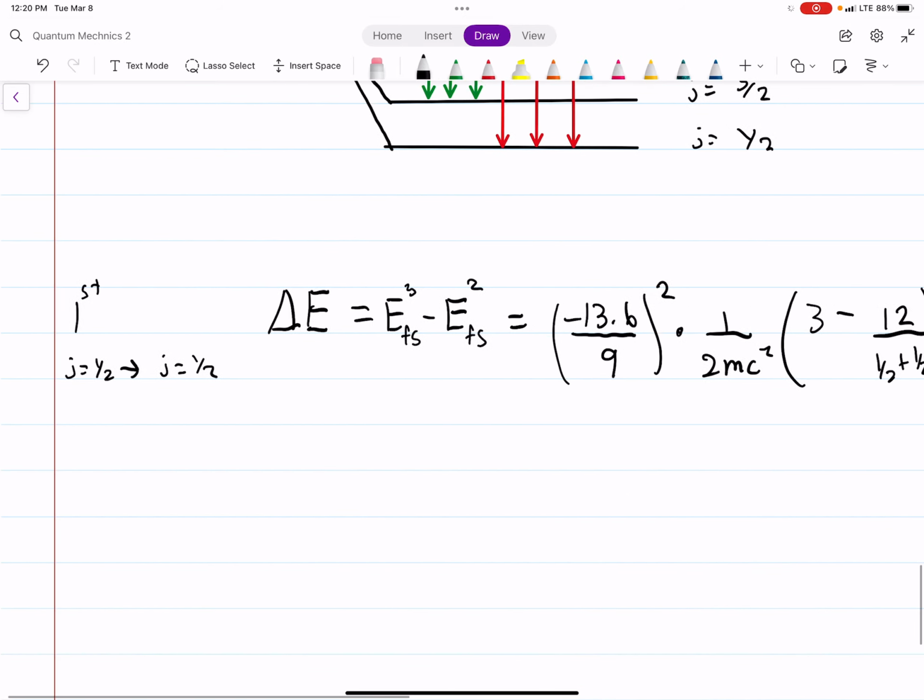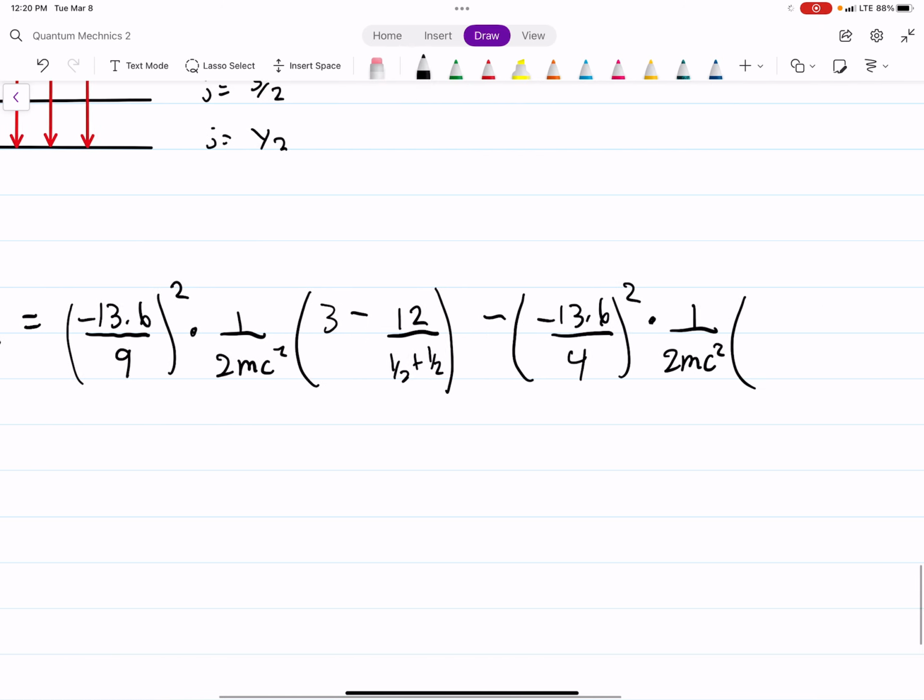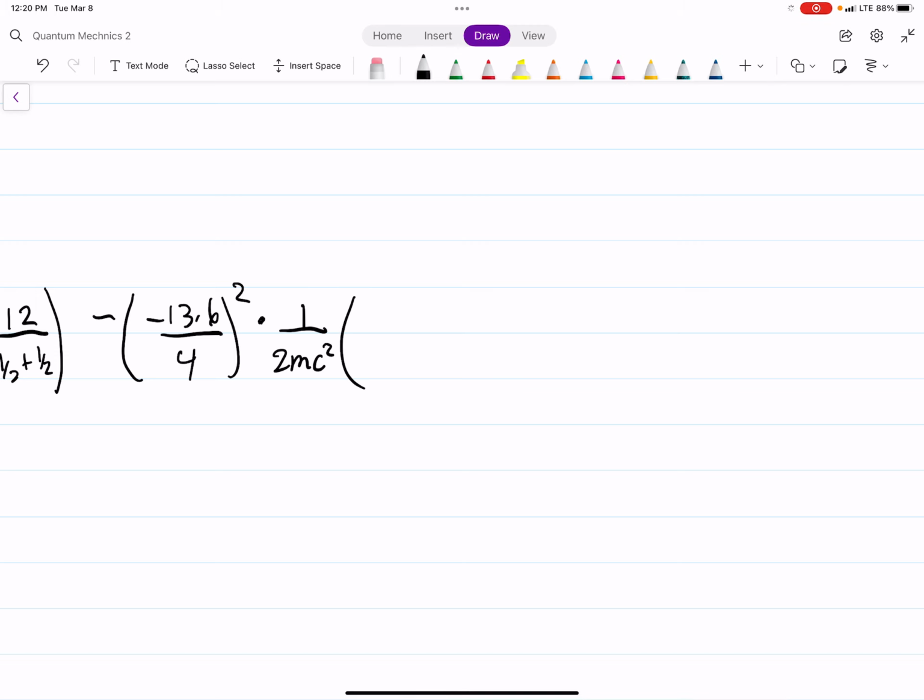Sorry, the first transition is going from 1/2 to 3/2, not 1/2 to 1/2, my bad. 3 minus, so 4 times 2 is 8, over 1/2 plus 3/2.